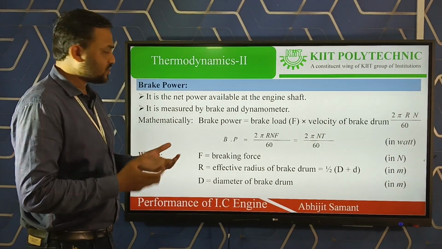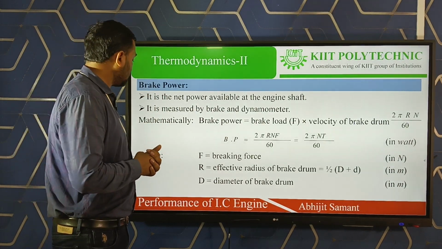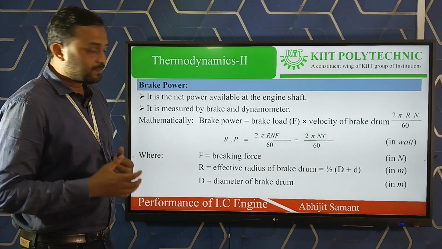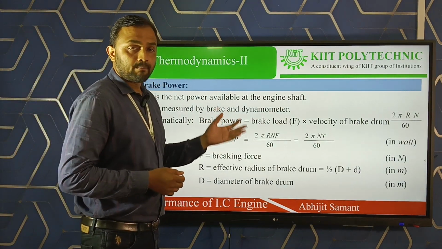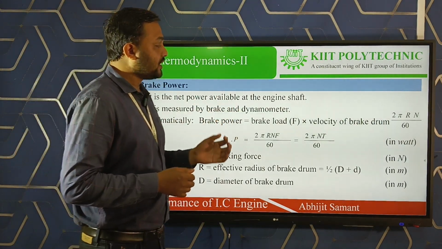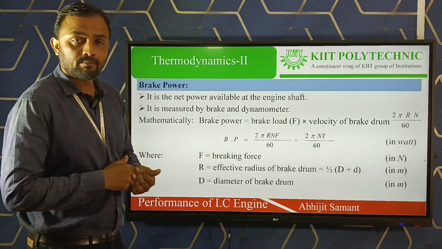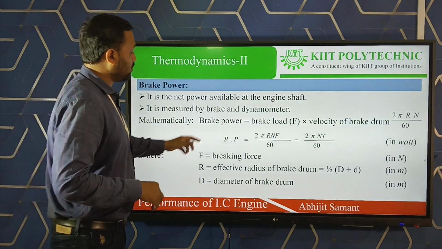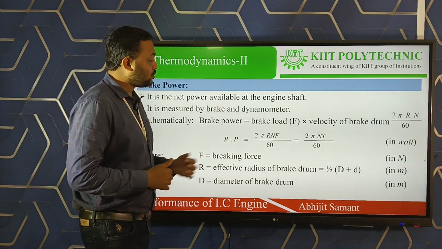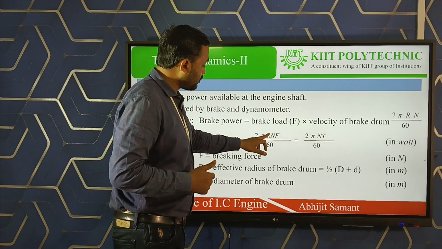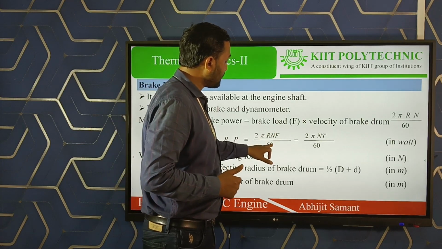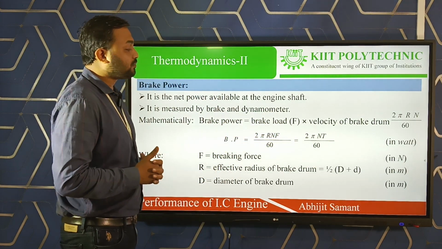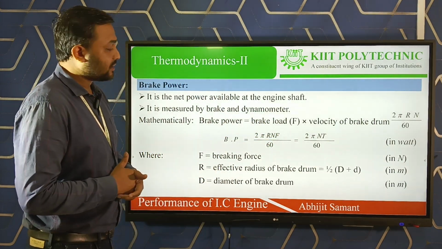Mathematically, brake power, BP, is calculated as brake load times the velocity of the brake drum, that is 2 pi R N by 60. So BP is equal to 2 pi R N F divided by 60, which is also 2 pi N T divided by 60.